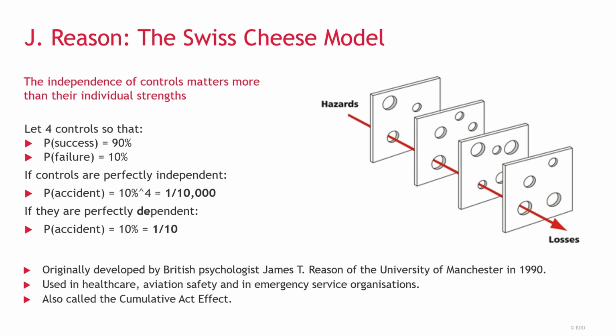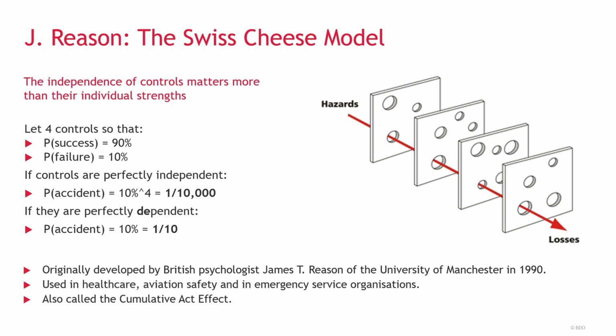When you layer your controls, you want to layer independent controls, meaning controls that fail independently due to different causes, so that the holes of your layers of Swiss cheese, i.e. the holes in the layers of your controls, are not aligned.